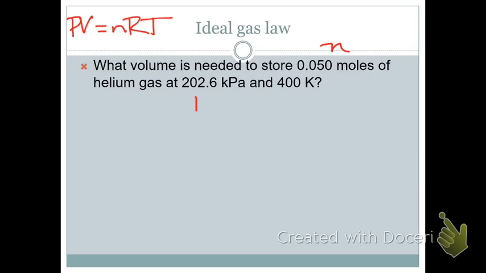We know that we have the pressure, P. And we know that we have the temperature, and they kindly gave it to you in Kelvin, so you don't have to worry about it. So what is actually missing? We don't know what the volume is, and we don't know what R is. Well, R is going to be given to you, so we're not going to worry about that too much. But the rest of it is plug and chug. You've got to plug that in.